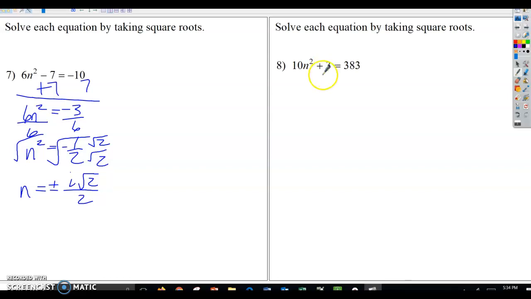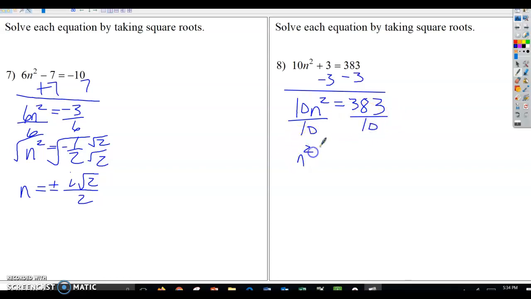All right, this one I'm going to subtract 3. I'm going to have 10n squared equals 383. Divide by 10. N squared equals, oh sorry, I subtracted 3. That should be 380 now.